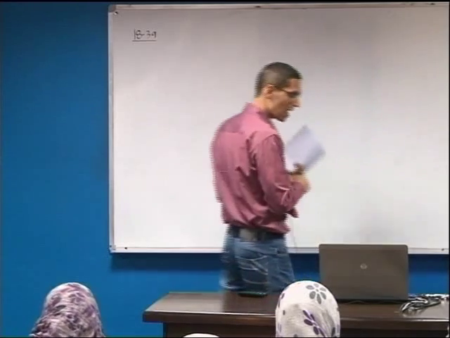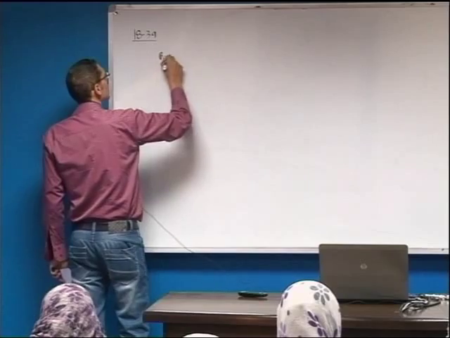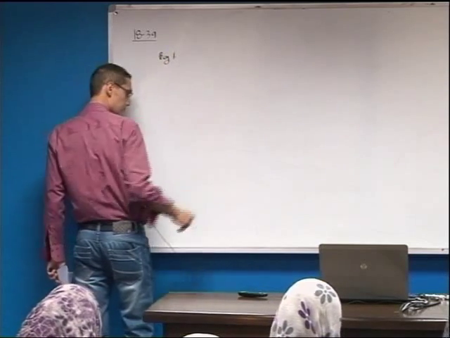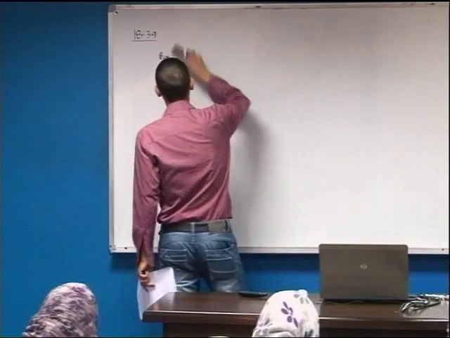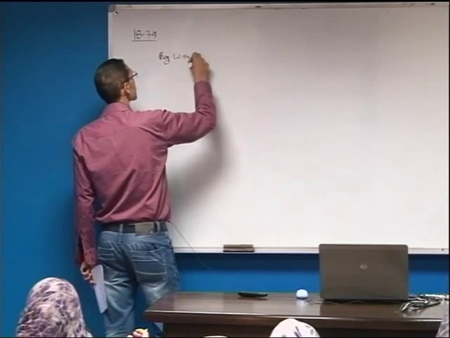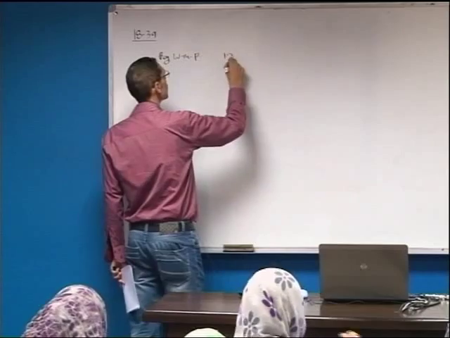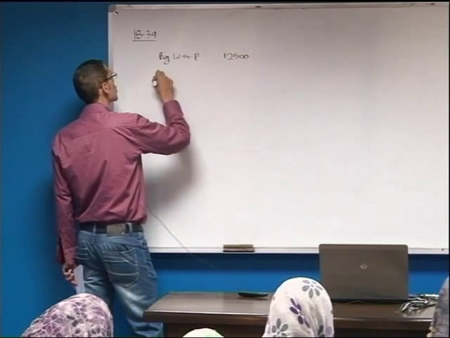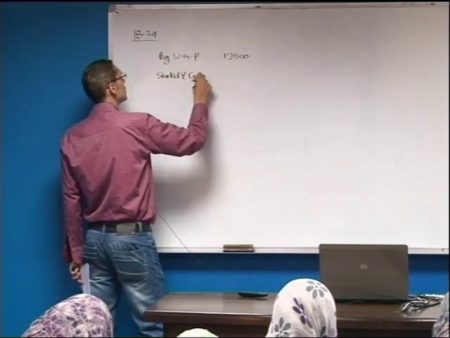Therefore, we have, as we can see, the beginning work in process in units, 12,500. We have the started and completed.